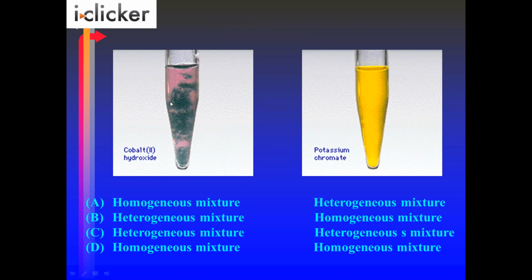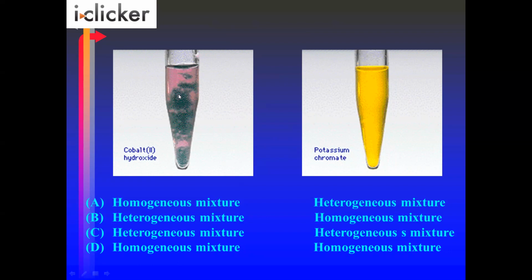You see, there are two mixtures. The first one, as you can see, the cobalt hydroxide is here, but the solvent is there. They are not really uniform.